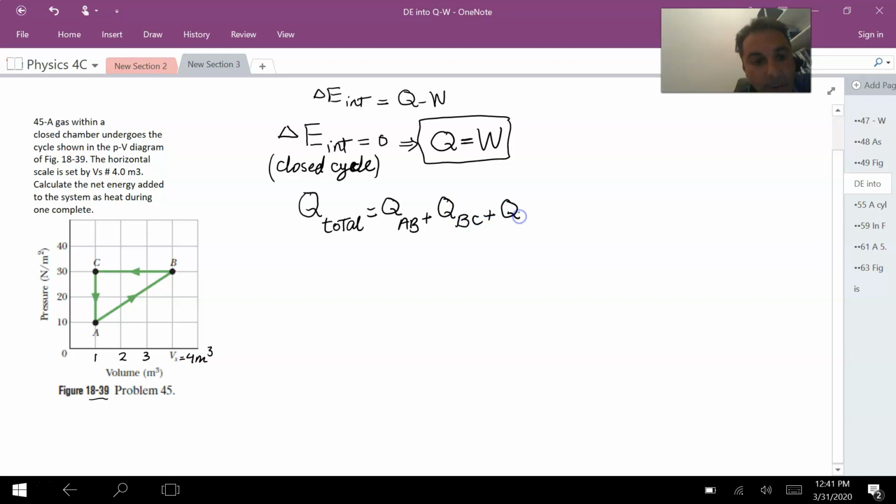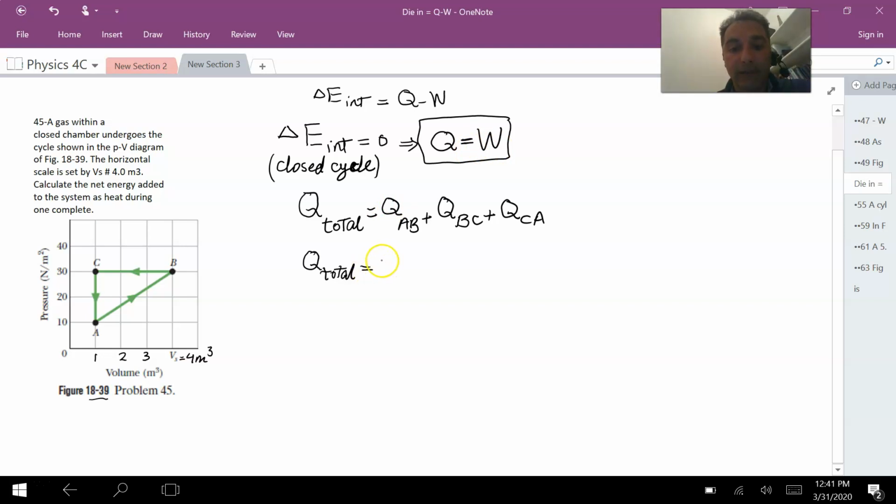Plus Q in the process of CA. So this is Q total. And because it's a closed system, in reality Q total becomes equal to W, so I'm going to write it.